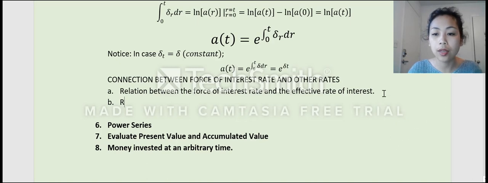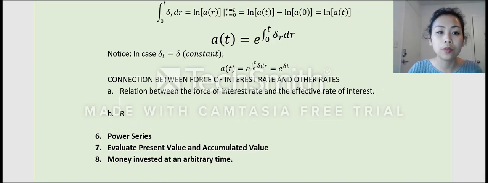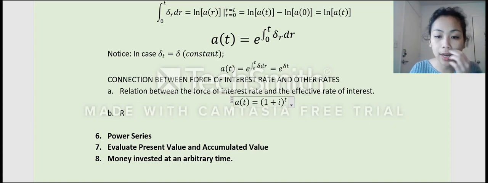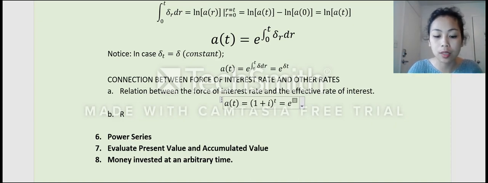So for A, we go over, we know that a of t equals 1 plus i to the t, where i is the effective rate, and this is equal to e to the power of delta t.